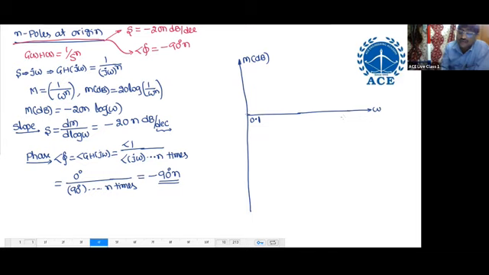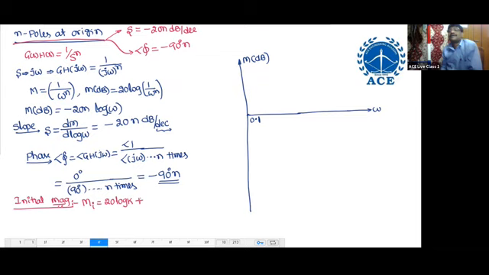How to calculate the initial magnitude? That is very important. Listen. Mag means magnitude. So Mi equals 20 log K. The initial magnitude depends on two factors.